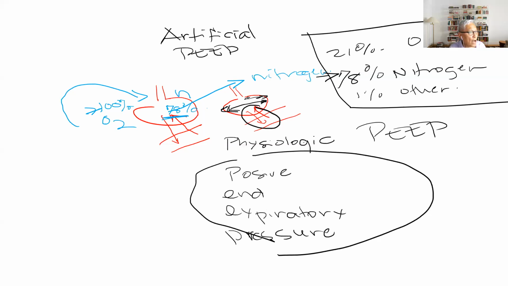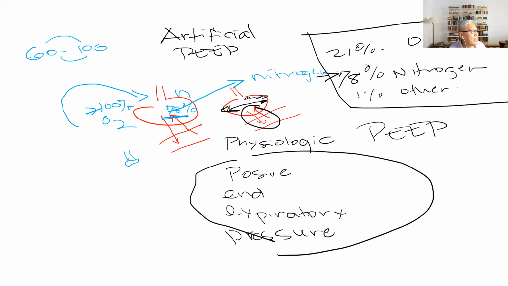So when you wash the nitrogen away, what's going to happen to your lungs? It's going to collapse. That's the reason why we do not want to give oxygen that's greater than 60% as much as possible, up to around 100%, because you are now going to compete with the strength of the nitrogen and you're going to wash it off.